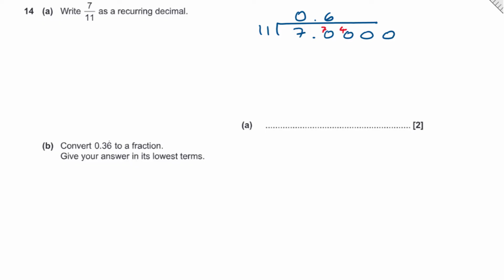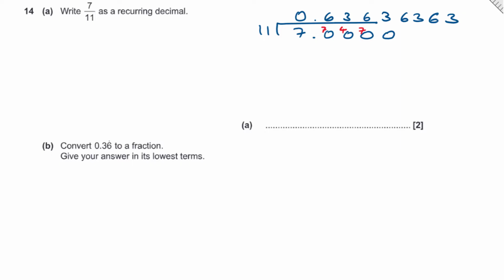Well, 3 11s are 33, so it goes in 3 times. Remainder, well, 33 from 40 is 7. Okay, and then we've got 11s into 70 again, so that's going to give me another 6. And then after that, it's just going to be bouncing between 6 and 3, isn't it? 6 3 6 3 6 3 and so on.